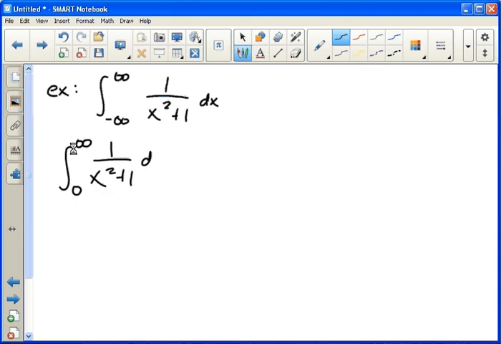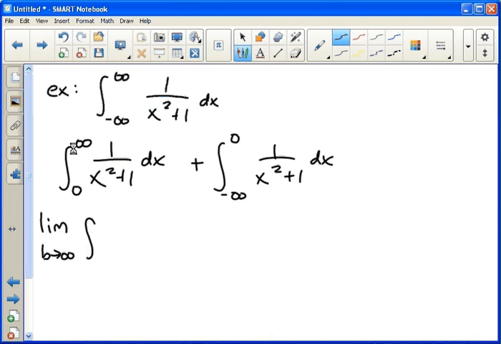So I have two improper things to deal with. So I'm going to have to do the limit as b approaches infinity of the integral from 0 to b plus the limit as a approaches negative infinity, the limit from a to 0.